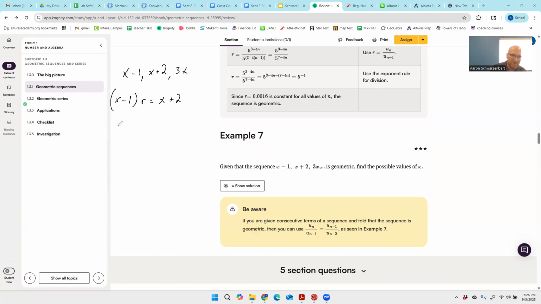I also know x plus 2 times the same common ratio has to equal 3x. So right now here, I have two equations with two unknowns. xr minus r equals x plus 2.